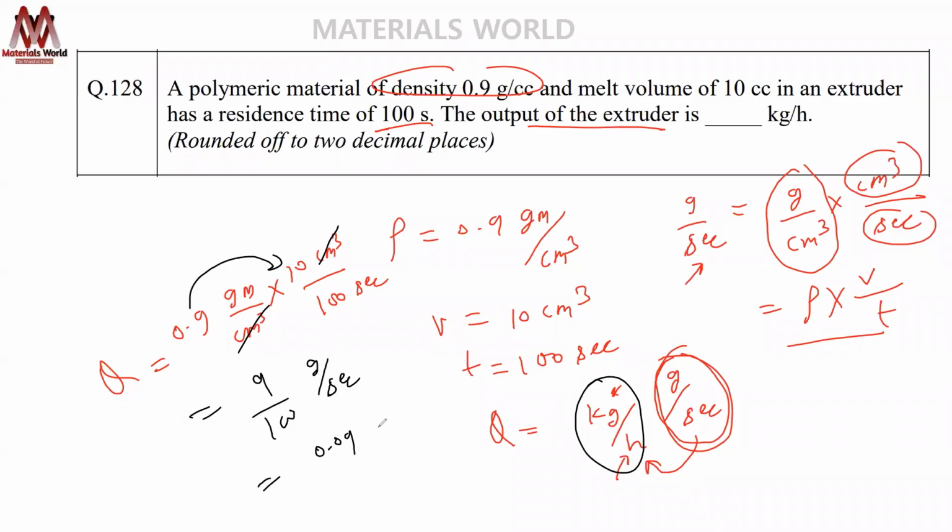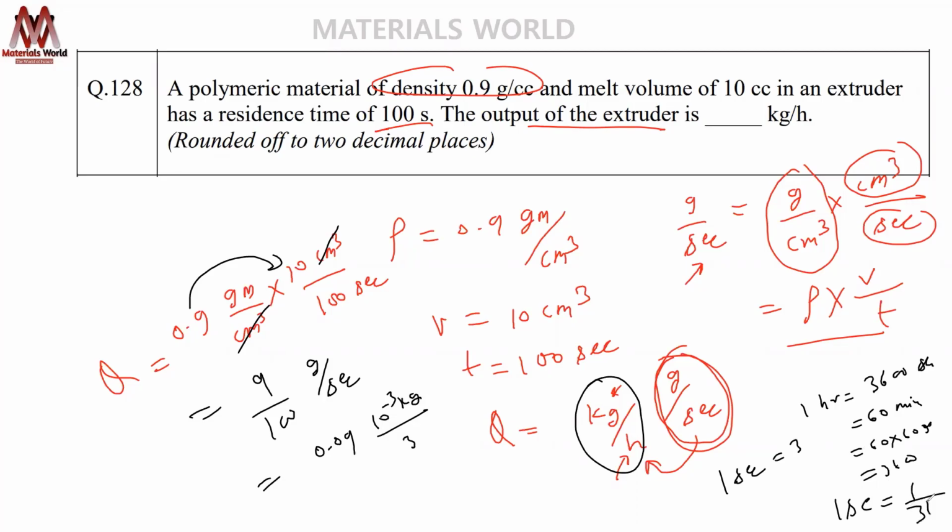1 gram is 10 power minus 3 kg. And 1 second, how much? We have to convert second into hour. 1 hour is 60 minutes, 60 into 60 seconds, that means 3600 seconds. So 1 second is 1 by 3600 hour.